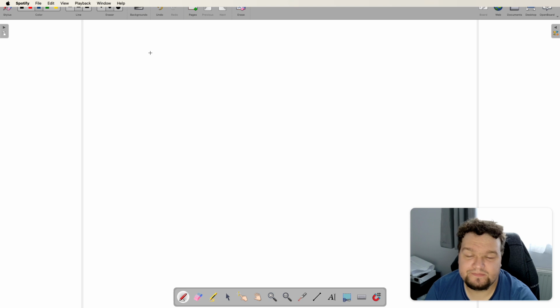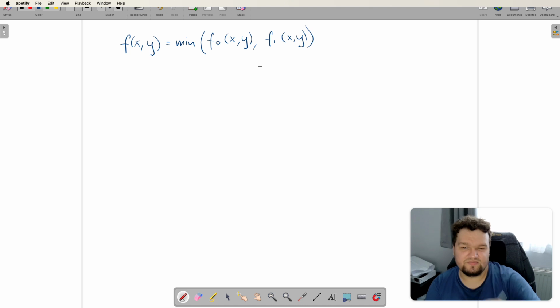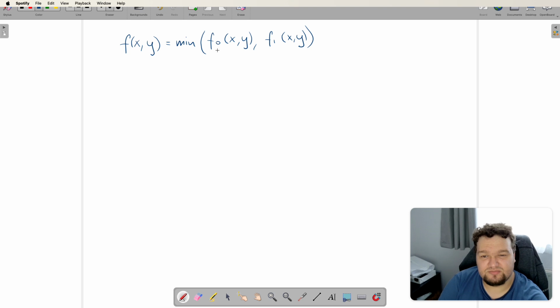Okay, we can say that f(x, y) is the minimum of f0(x, y) and f1(x, y). What is the cost to make all the elements 0? What is the cost to make all the elements 1?